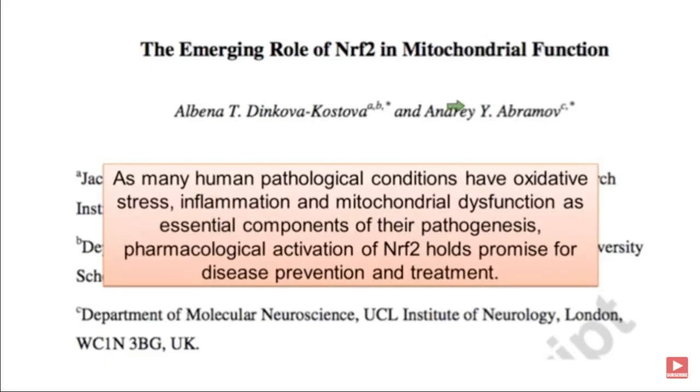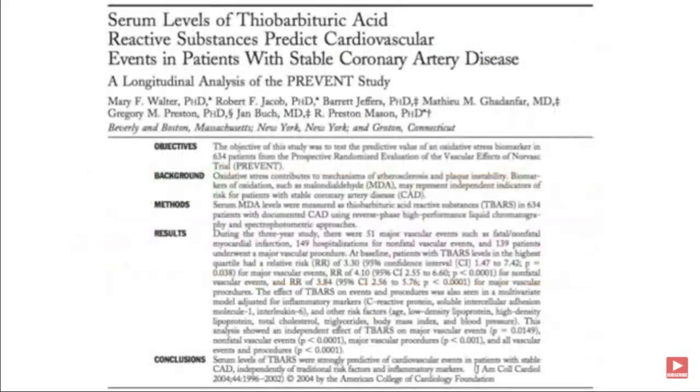So remember, I mentioned how mitochondrial disease may play a critical role in many muscle diseases, heart diseases, and neurological diseases. And there's new evidence to suggest that activating Nrf2 may have a protective effect there.